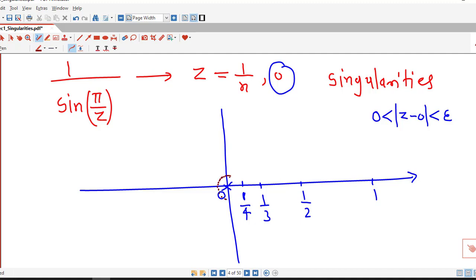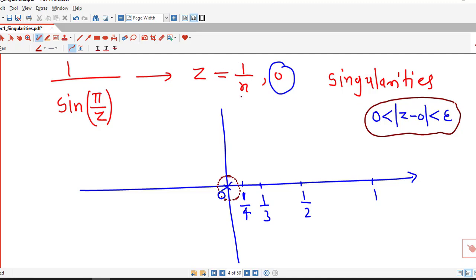Suppose I consider this circle, with center z equal to 0 and radius any epsilon. Now if our function has an isolated singularity at z equal to 0, then we must find at least one neighborhood of z equal to 0 such that the function is analytic at every point in that neighborhood.